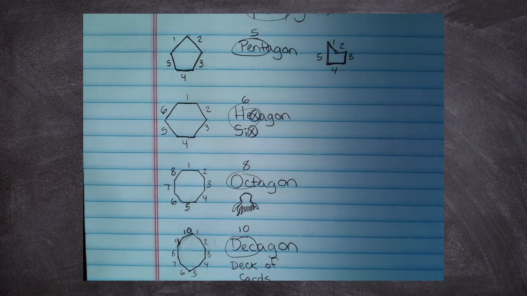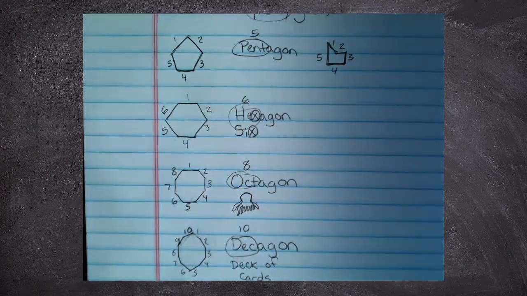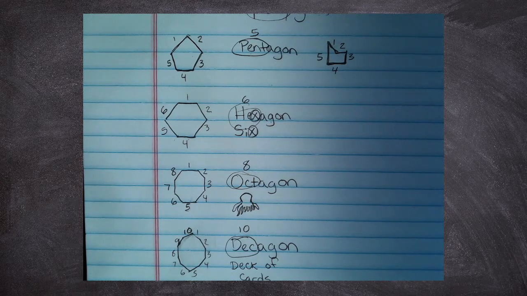Yep. So this shape is also a pentagon because it has 5 sides. They look like two completely different shapes, but they are the same kind. They're both pentagons because of the number of sides they have.